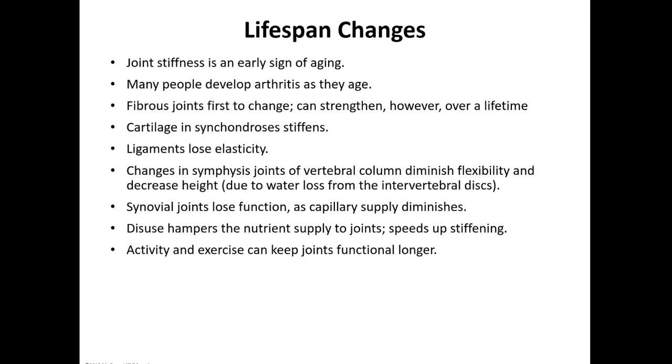They diminish in flexibility, and they tend to decrease our height as we get older, because the intervertebral discs shrink, cutting our height little by little, since they tend to lose water as we get older. I was just going to ask, what happens to the synovial fluid between our knee? It dries up. It starts going away? It dries out, right?